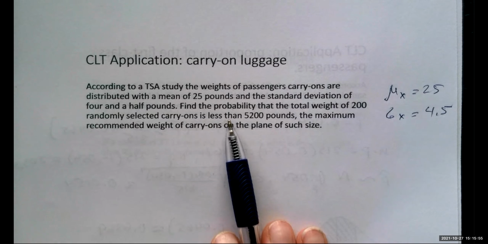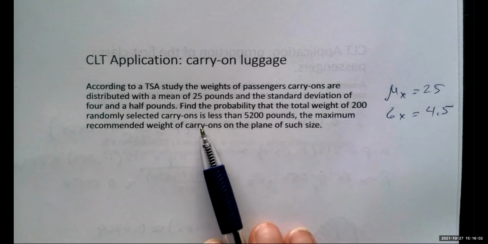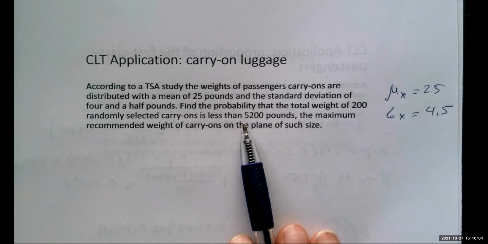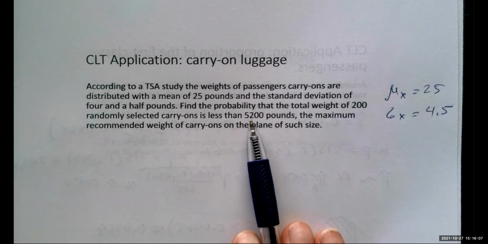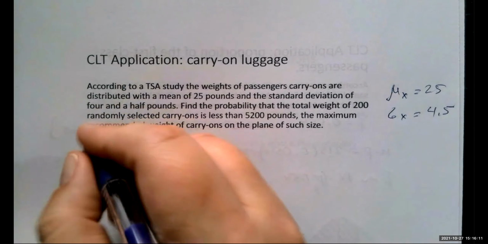Find the probability that the total weight, or the sum of all weights, of 200 randomly selected carry-ons is less than 5,200 pounds.